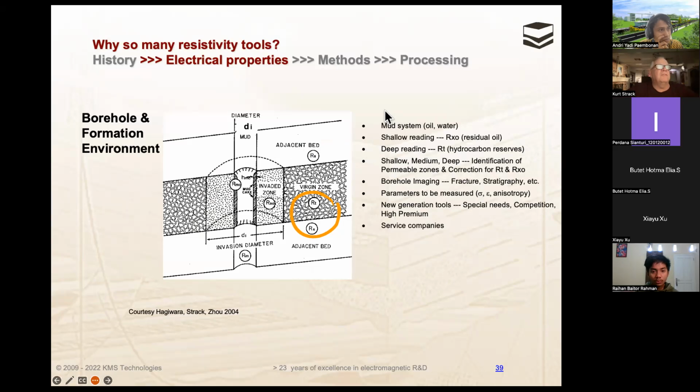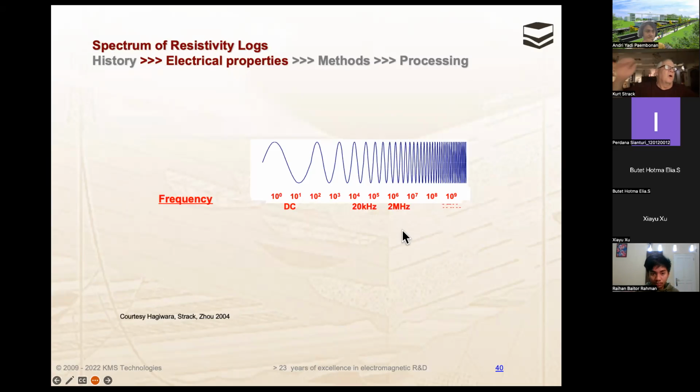So all of this requires that we have many parameters with different resistivities, the mud system, and we have different resistivity tools. And these tools vary by service company. So what we have is a frequency dependence of the electrical methods in the borehole. We have DC methods like what the Schlumberger brothers used.